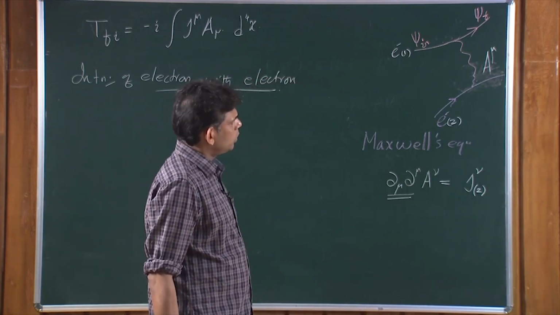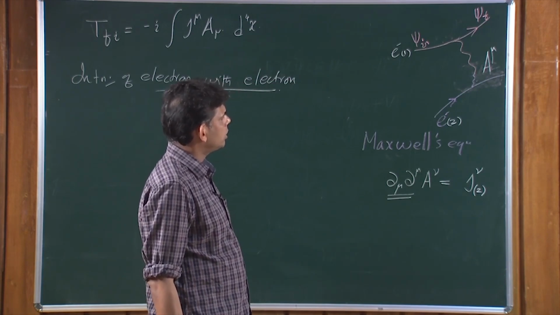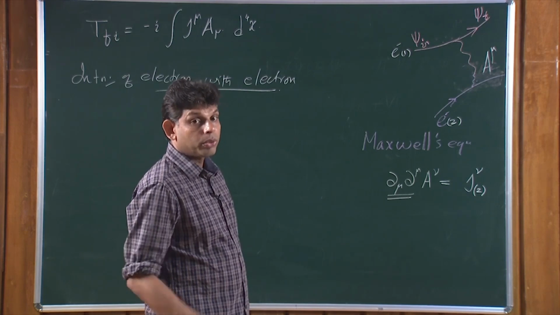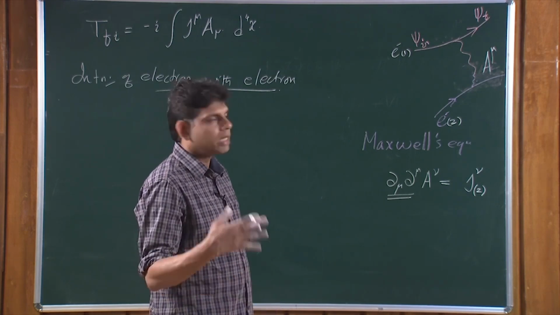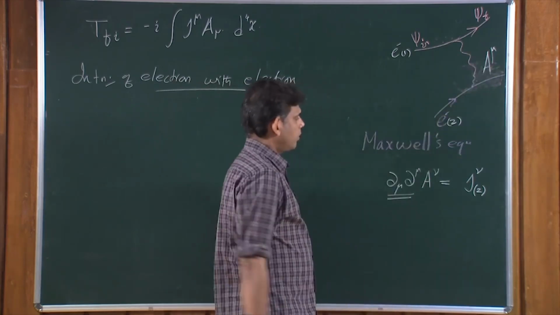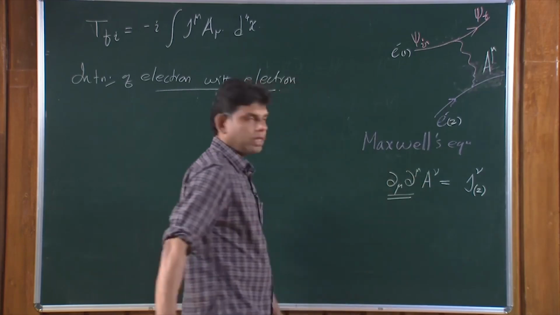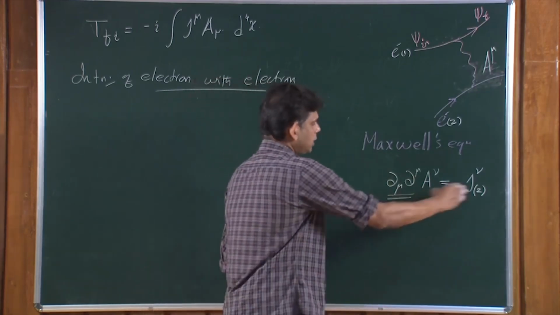So, J 2 is the source of A mu and we said we want to consider the electric field due to another electron represented by J 2. So, that J 2 current is the source and the corresponding electromagnetic field A mu will satisfy this equation.